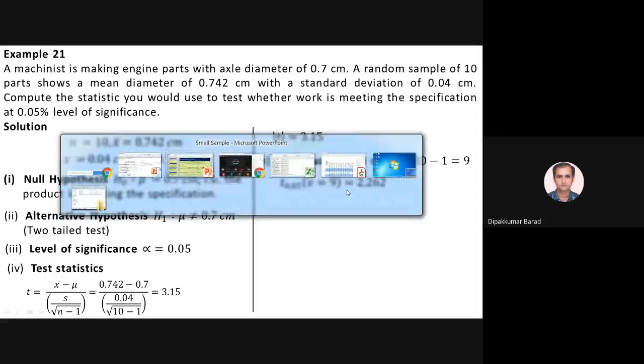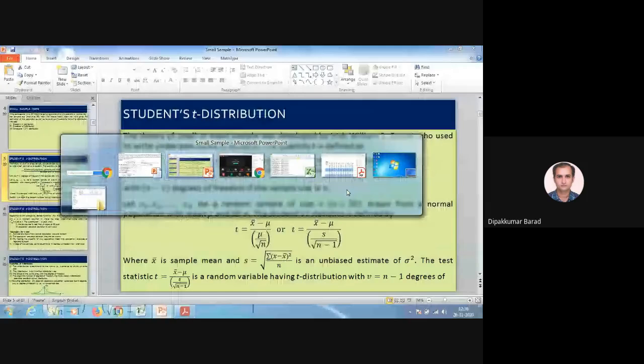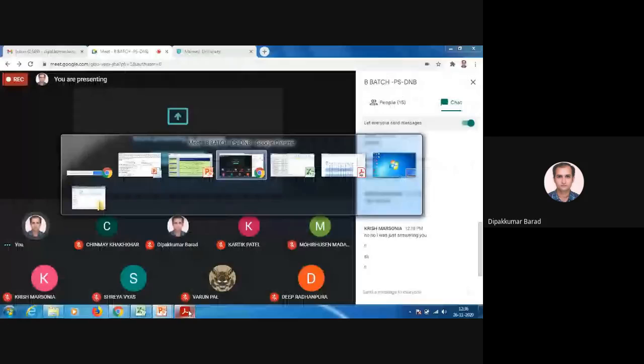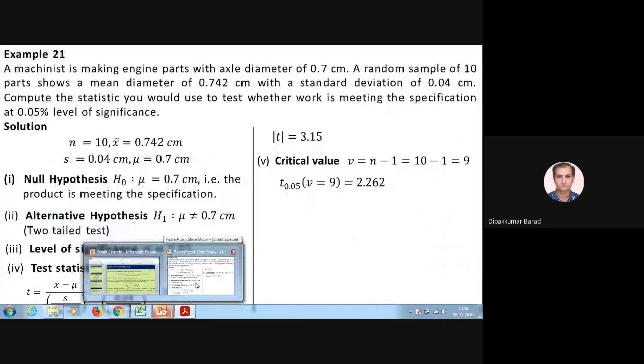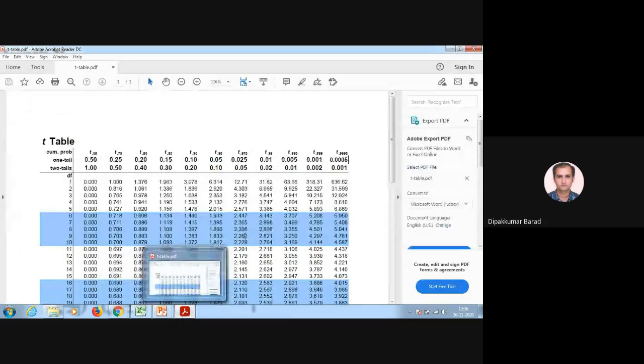In the t table, we want to find the value of t with 9 degrees of freedom at 0.05. Here we have the degree of freedom 9, and 0.05 here is for the one tail test.